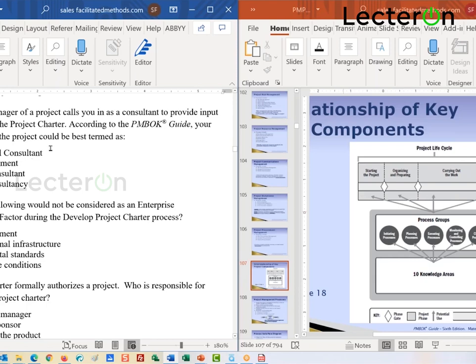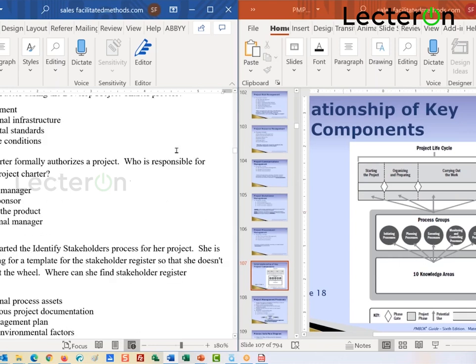We never talked about professional consultant. We never talked about a charter consultant. We never talked about an expert consultancy. The only thing, according to the PMBOK guide, that you are contributing is expert judgment.